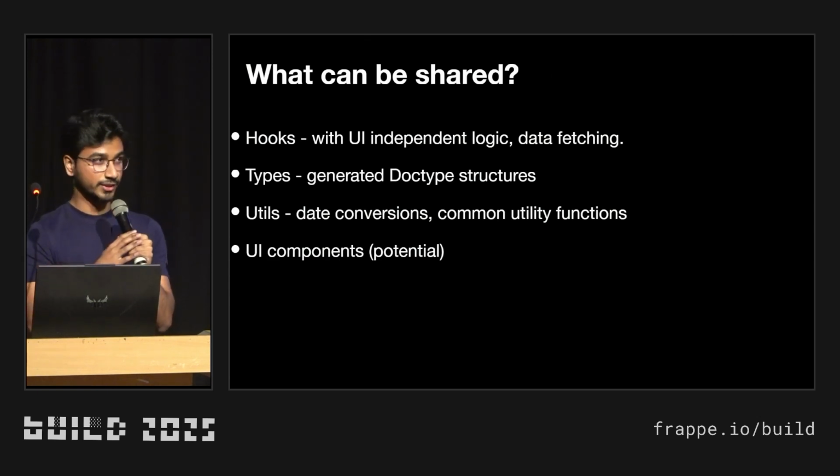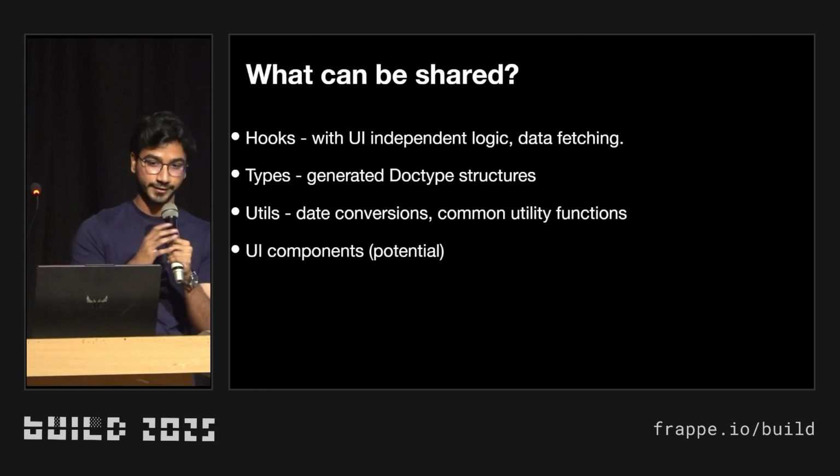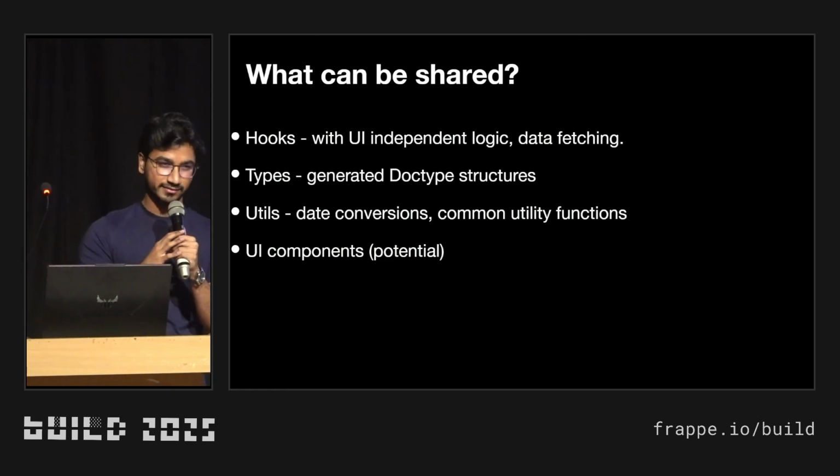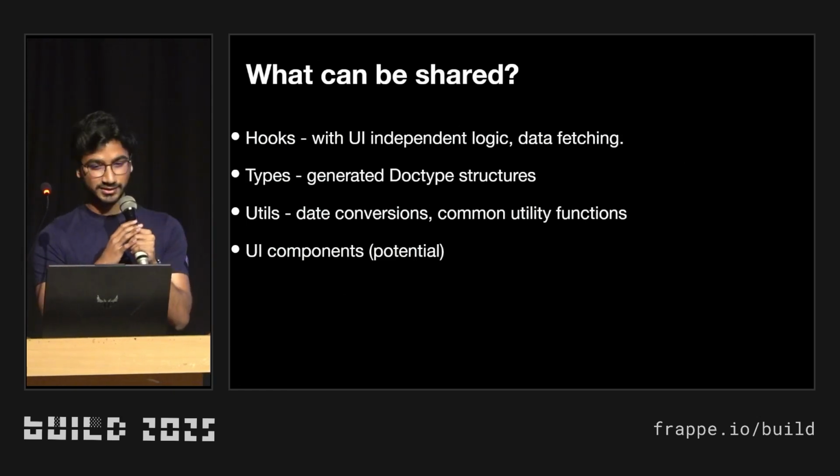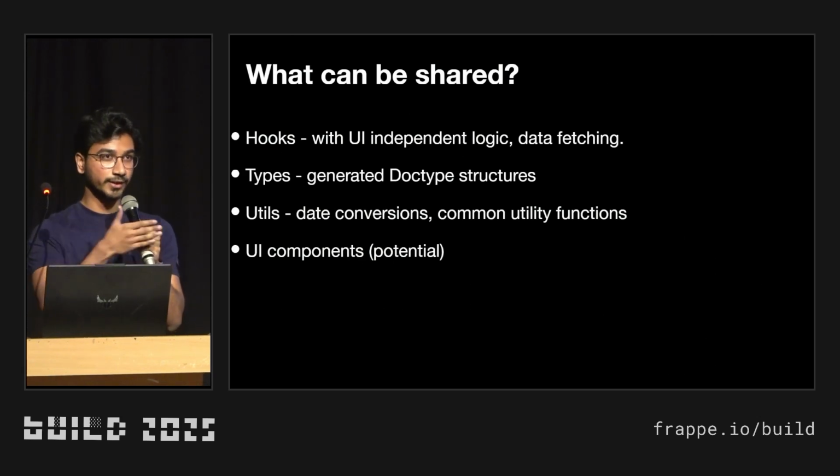Again, types, the generated doc type structures, can be shared between web and mobile. Those won't be different. And utility functions, date conversions and such, can be shared as well. If you notice, this in all makes up 40% of the code which is written. And sharing 40% of the code between web and mobile itself gives us a huge plus, and that improves our shipping speed a lot.